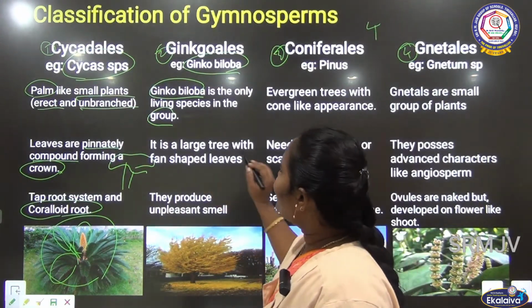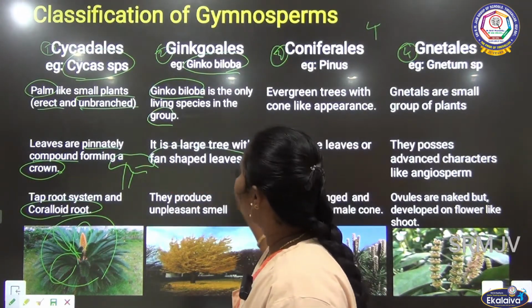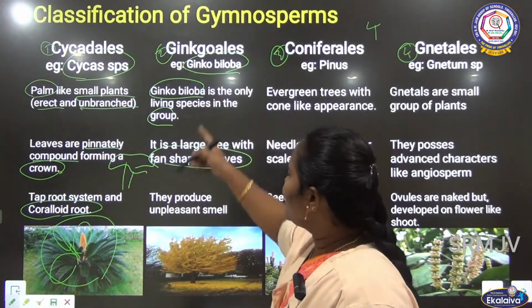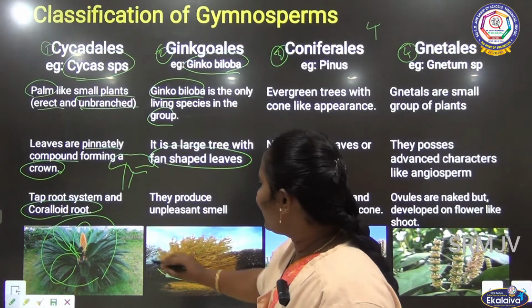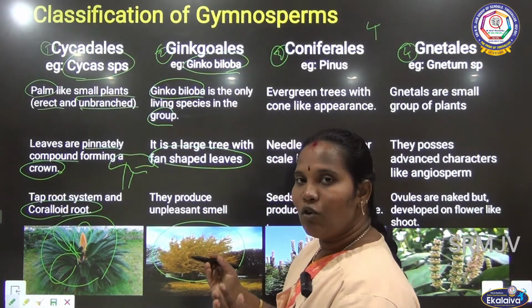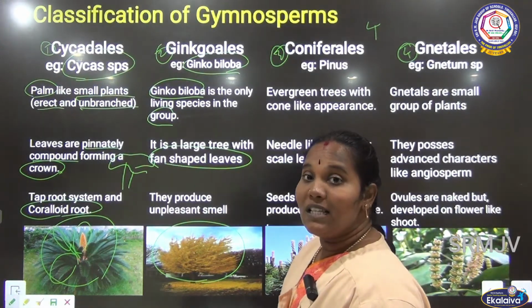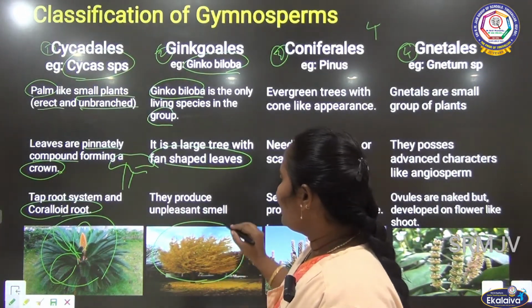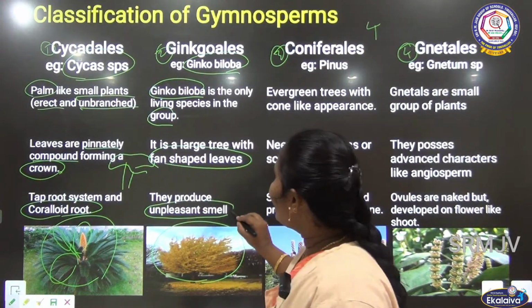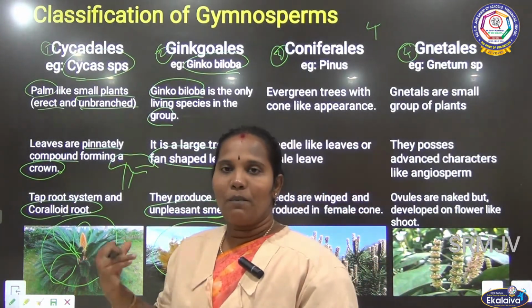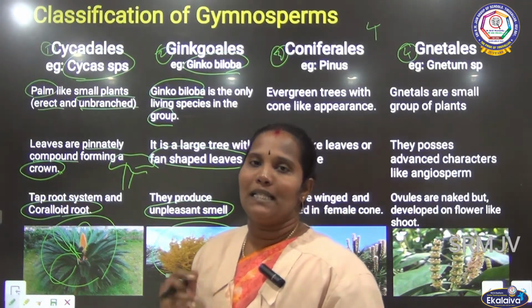It is a large tree with fan shaped leaves. Here we saw crown shaped leaves, but the Ginkgo has fan shaped leaves. We can see here it is looking like a fan. As well as, one special thing is there: this type of plant produces an unpleasant smell.